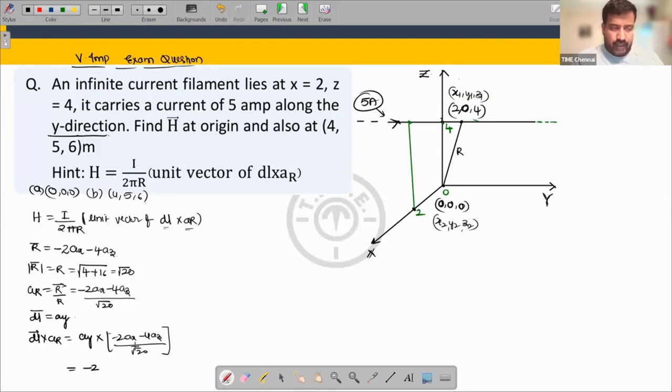Minus 2 of ay cross ax, which is minus az, so plus 2az, minus 4 ay cross az, which is ax, by root 20.